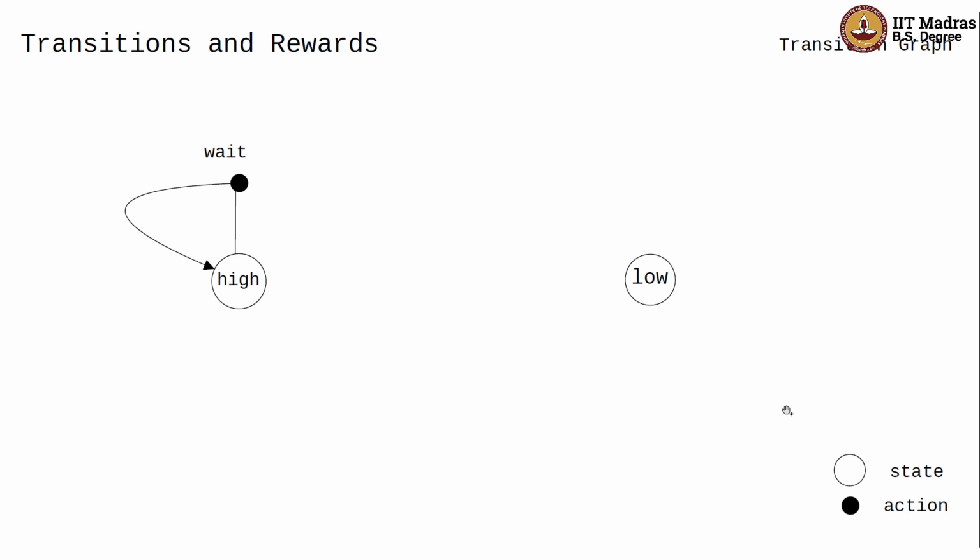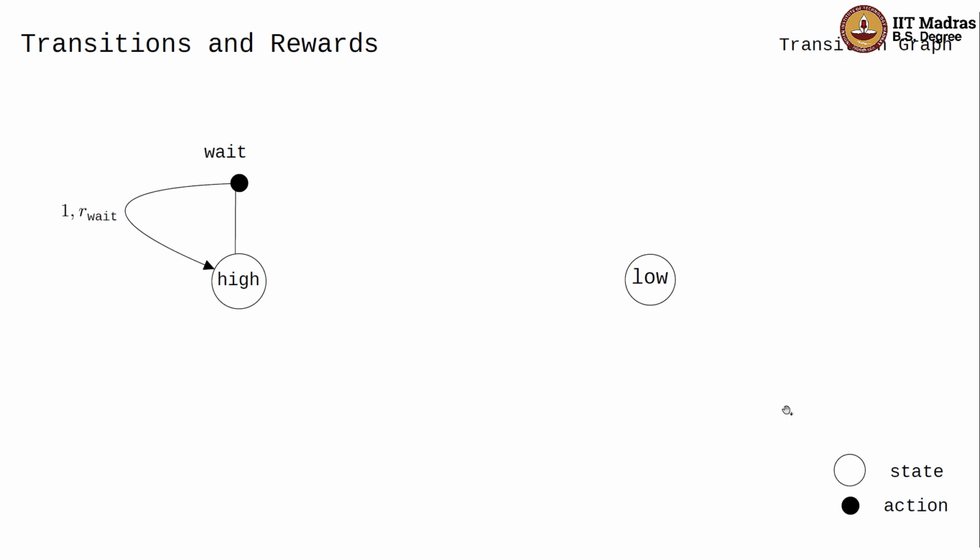It's the expected immediate reward starting from state S, taking action A and transitioning to S prime. We are denoting this by R subscript wait. The 1 that you see there is the probability of transition. R wait is the expected immediate reward starting from state high, deciding to wait and transitioning to high.